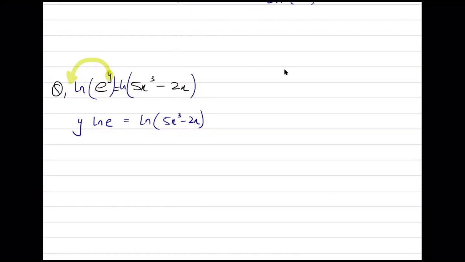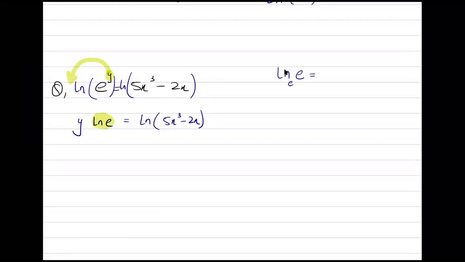Okay. Now, what is ln e? What is this value equal to? 1. Does everyone know why ln e is 1? ln is always to the base e. That's understood. That's why we don't write it.